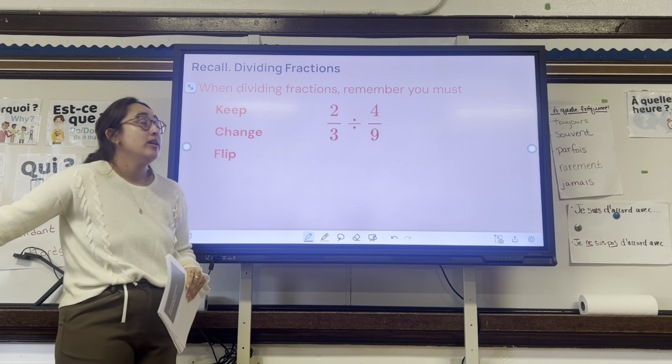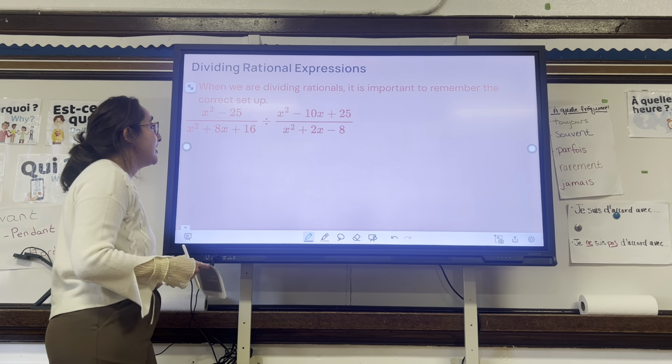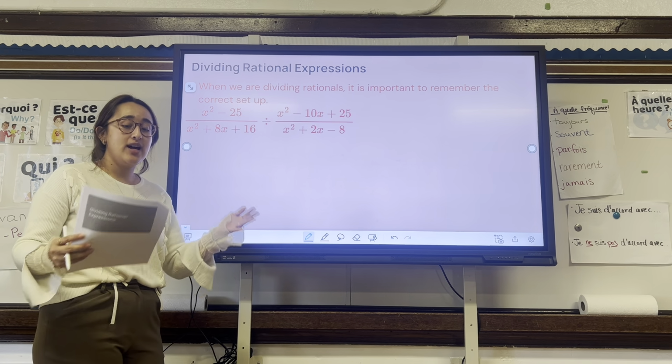So, let's try this one. Again, it looks complicated. I promise it is not as crazy as it looks. So, with division, this time, it's not just going to be 2 steps. It's going to be 3. So your first step is keep, change, flip. So we keep the first one.